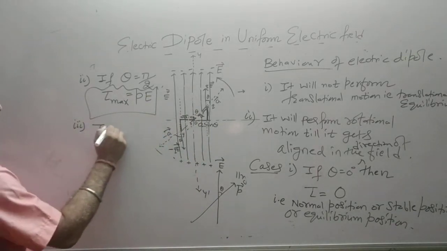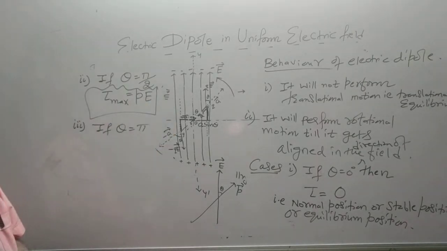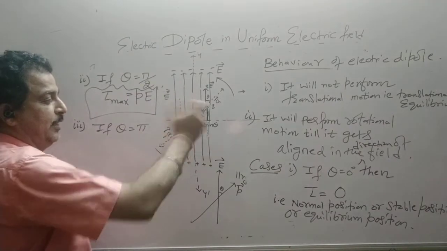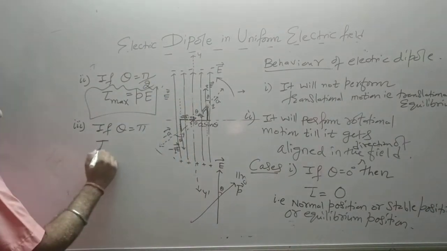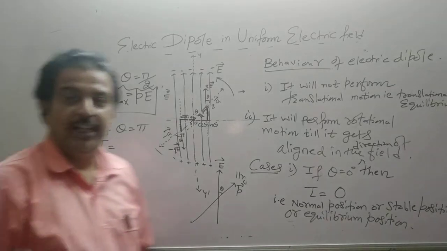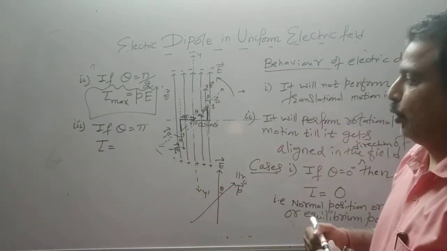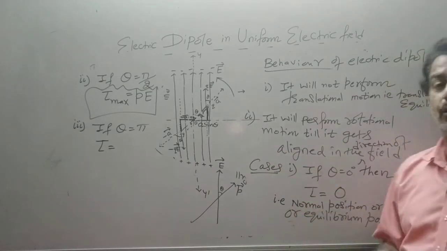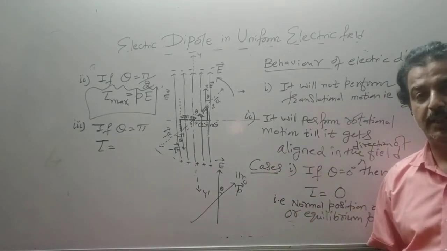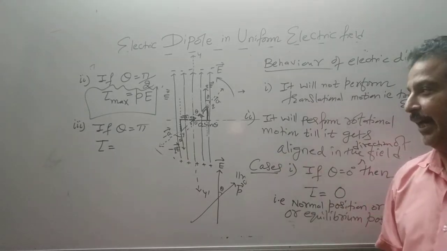And if theta is equal to pi radian, opposite रख देते हैं. I keep it opposite. So tau again sine of 180 degree. So it will perform a rotational motion, but it is the most unstable position. It is the most unstable position of a dipole.